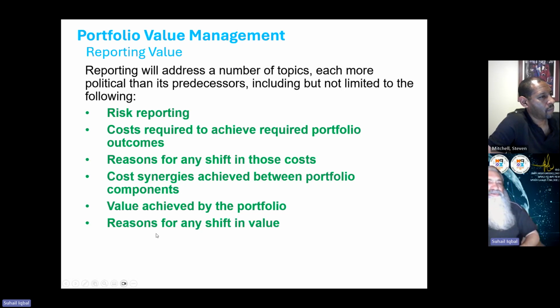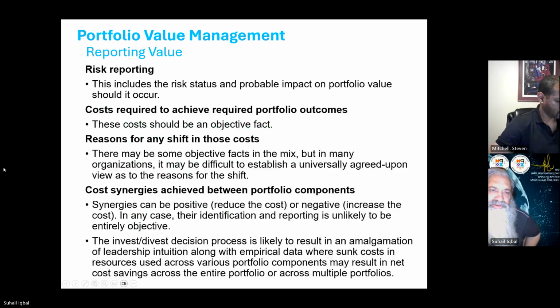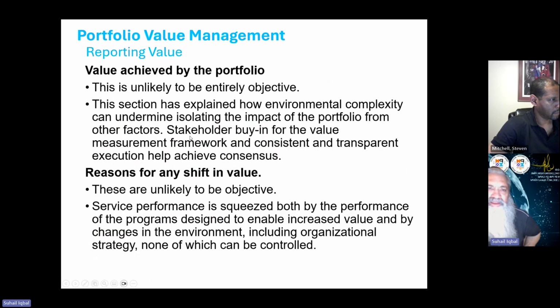So all of these items are to be reported. This is a brief description. I don't think anything needs any further explanation.